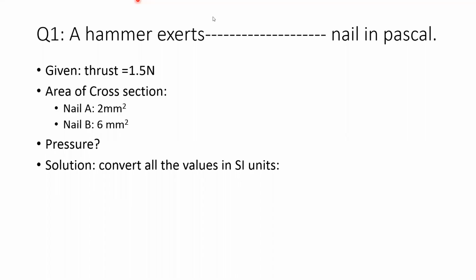So I give you a hint for the conversion of millimeter square into meter square. 1 meter equals 1000 millimeter, or we can say 1 millimeter equals 1 by 1000 meter.